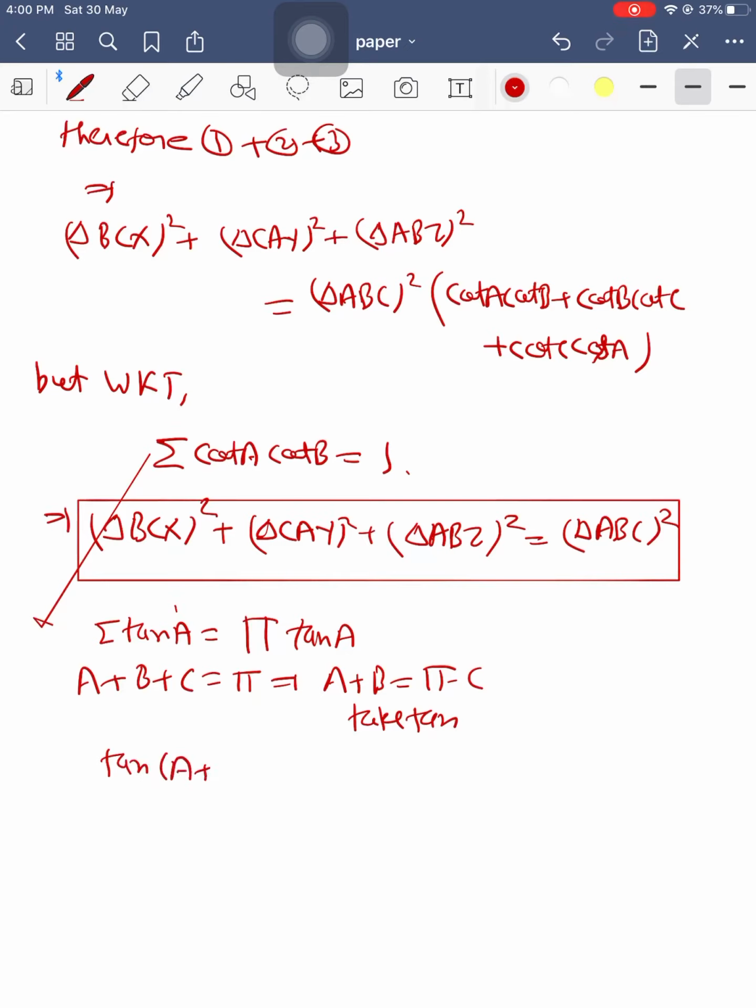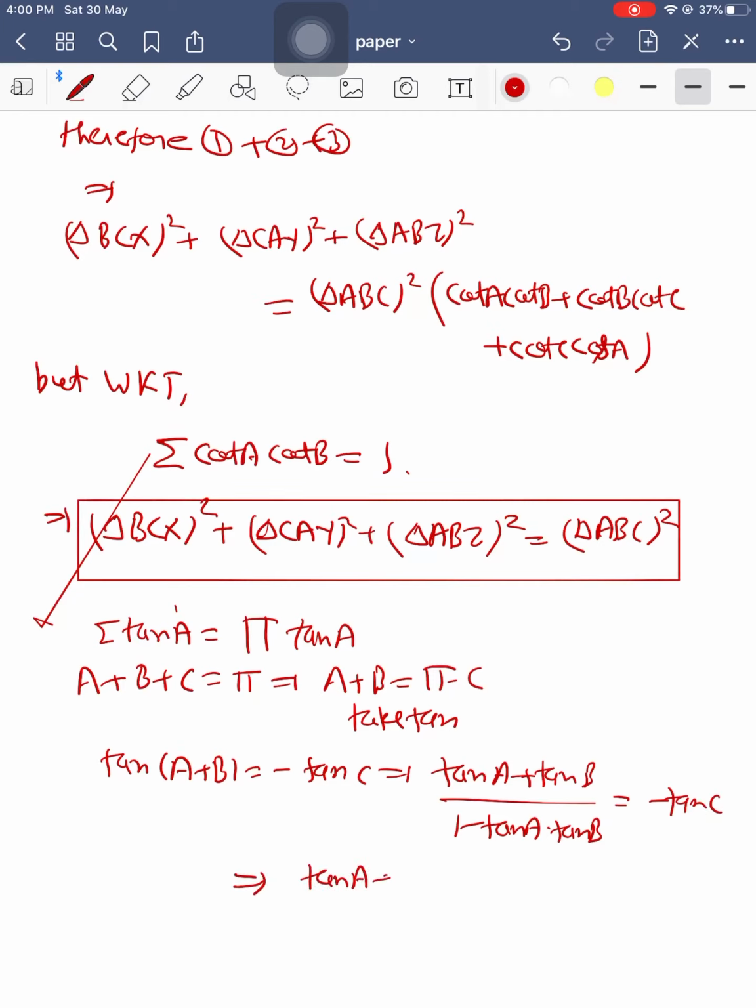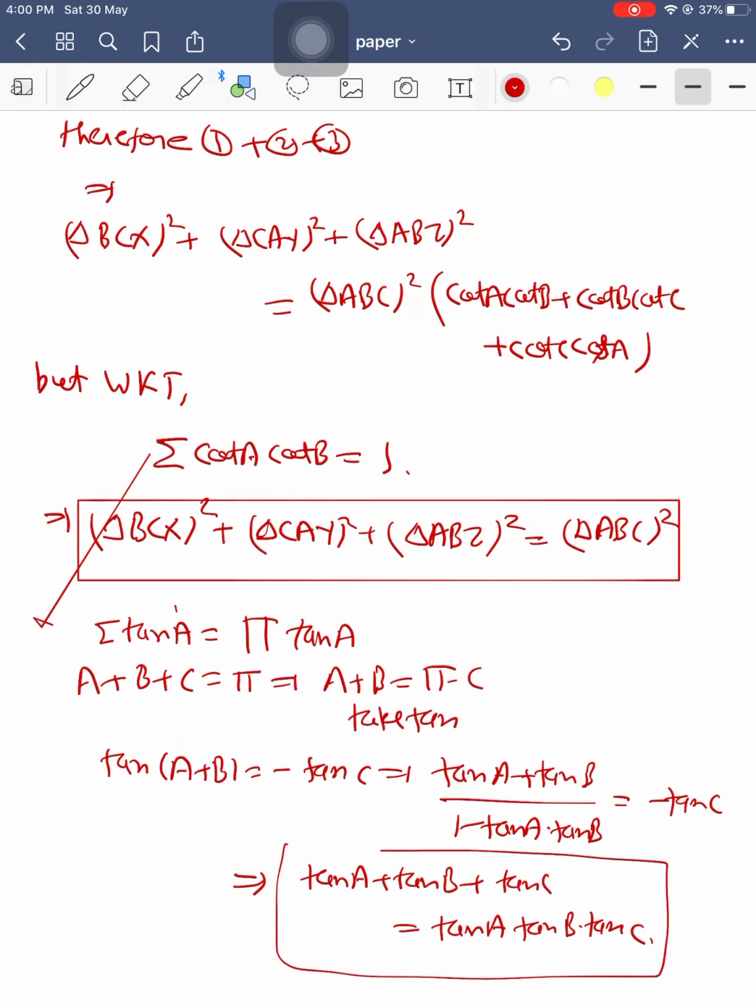Tan of A plus B equals tan of pi minus C, that becomes minus tan C. Tan of A plus B is tan A plus tan B upon 1 minus tan A into tan B, equals minus tan C. This implies tan A plus tan B plus tan C equals tan A into tan B into tan C. This completes the proof of the identity.